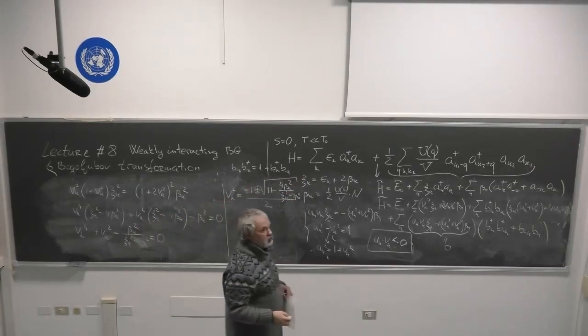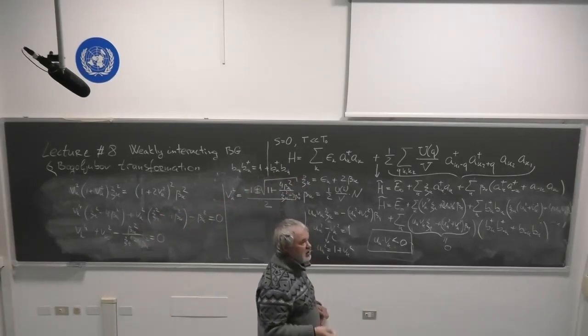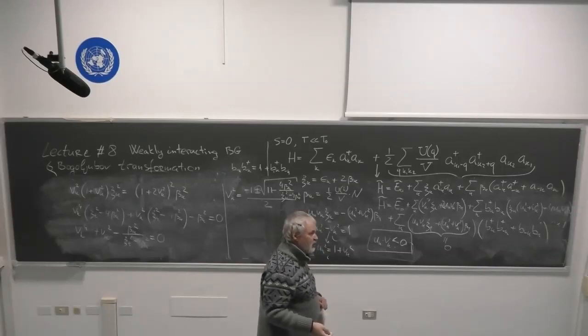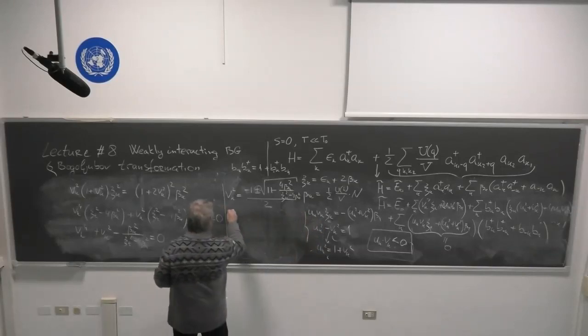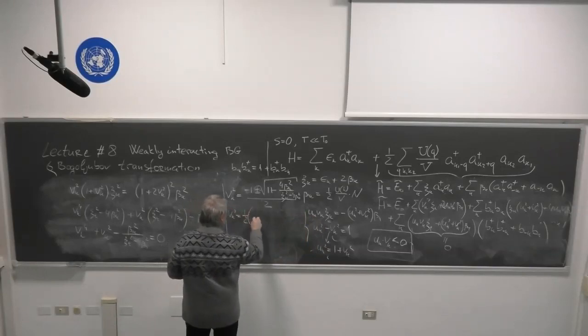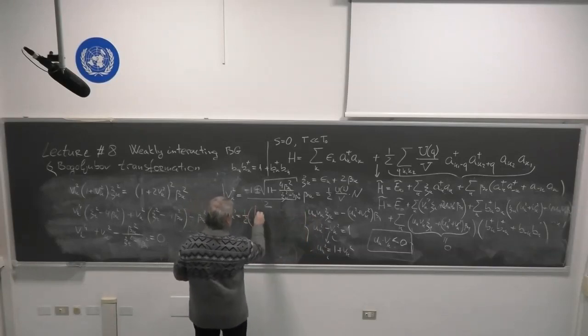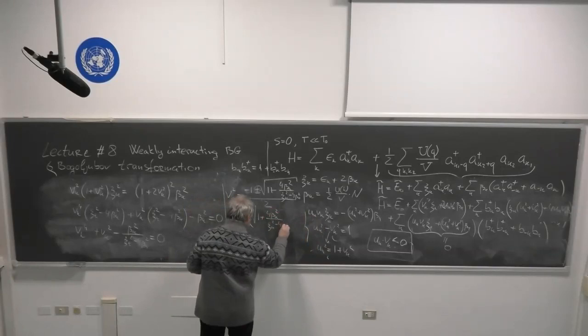Why? Because we made a conjecture that vk is a real function. If I take the root with a minus, I will get a contradiction to this conjecture. So vk squared is then 1/2 of the square root of 1 plus 4 beta k squared divided by psi k squared minus 4 beta k squared, minus 1.